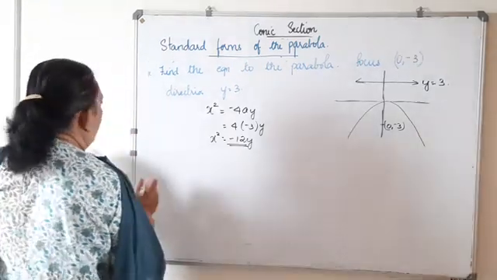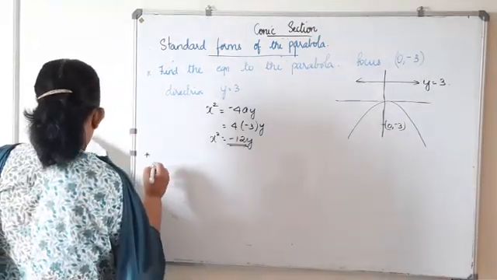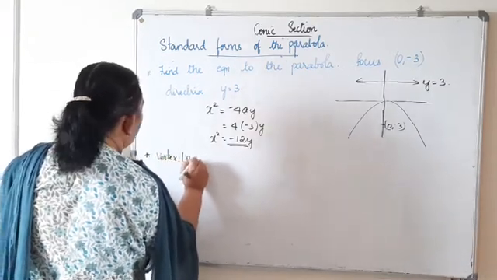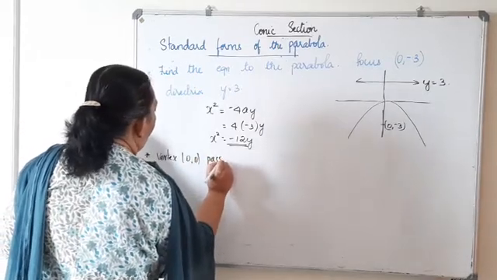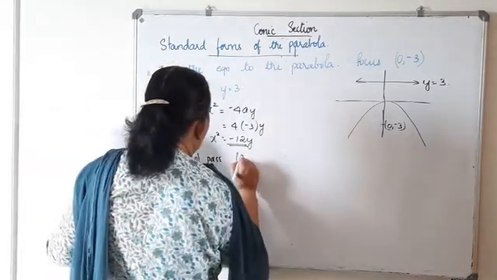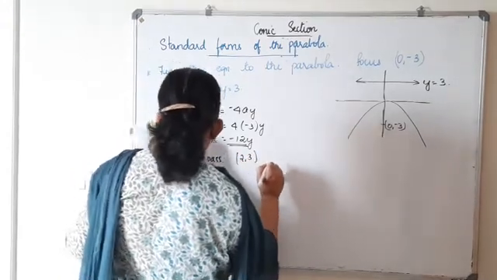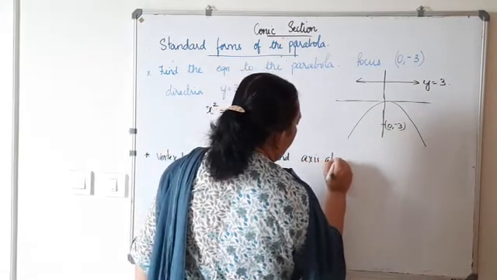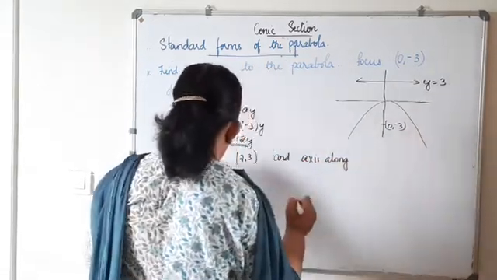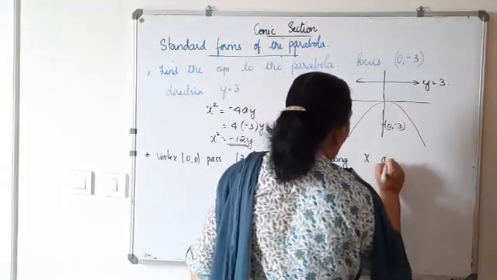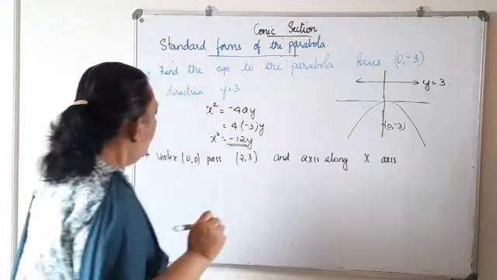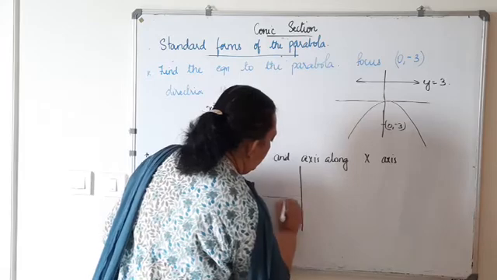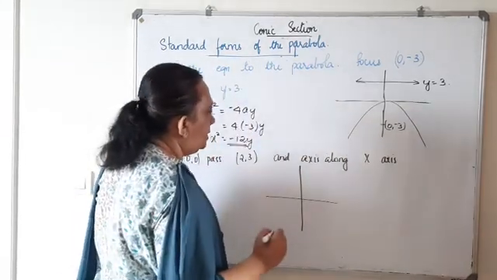Next one. Vertex 0, 0, passing through 2, 3, and axis along the x-axis.